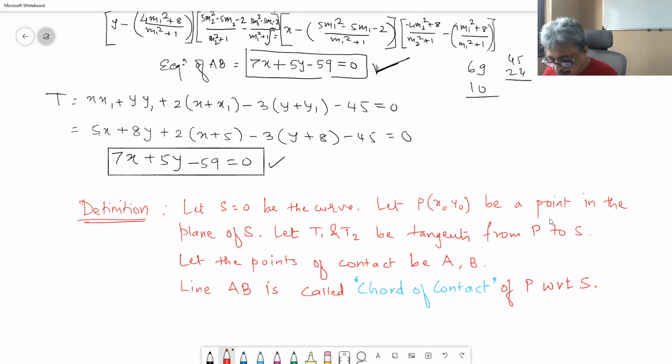Okay. So given any point, you draw tangents. Normally a degree 2 curve will have 2 tangents. Why should a degree 2 curve have 2 tangents at the most? We have done that because if we solve a line y is equal to mx plus c simultaneously with the degree 2 curve, by replacing y by mx plus c in the general degree 2 curve, we will get a quadratic in x.